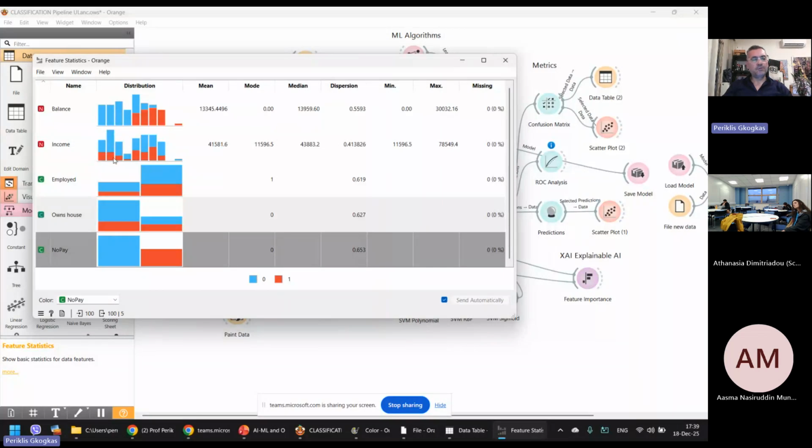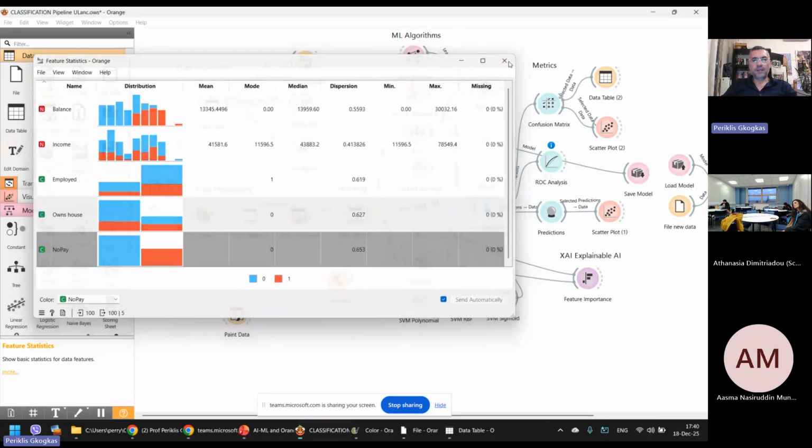Now you see that no matter what the income is, low income or high income, there are still a lot of people that do not pay their credit cards. So income is not a variable that can clearly distinguish between the two kinds of customers, the bad and the good customers. Same thing here with the employed, whether they own a house and so on.